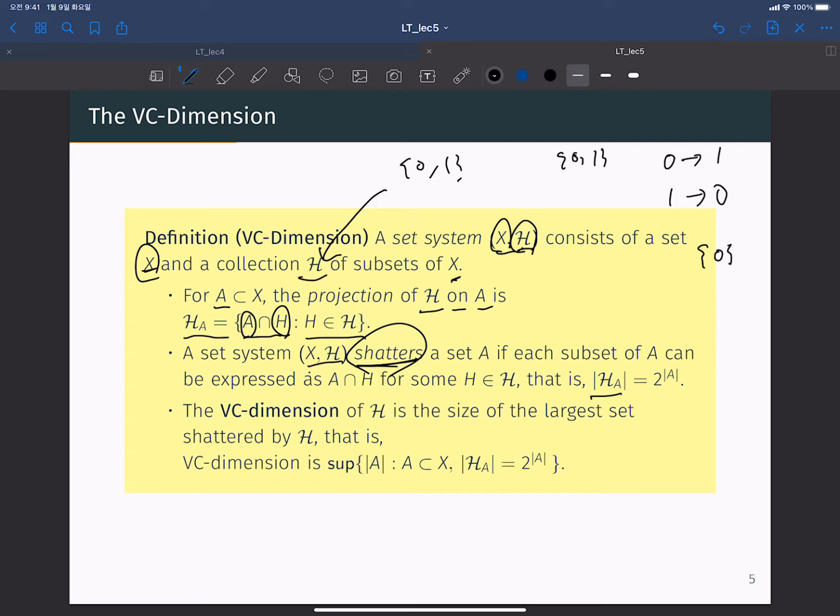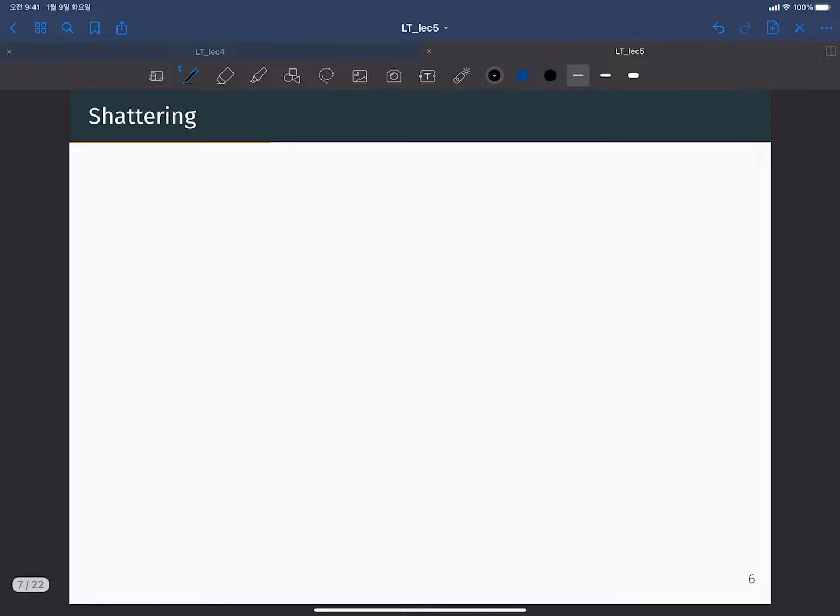Here, the VC dimension of hypothesis set H is the size of the largest set shattered by H. Formally, that is the supremum of the size of a subset A that can be shattered by your hypothesis set H. Graphically, I will show you what shattering means.